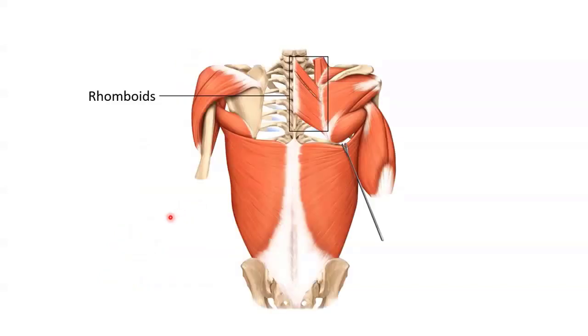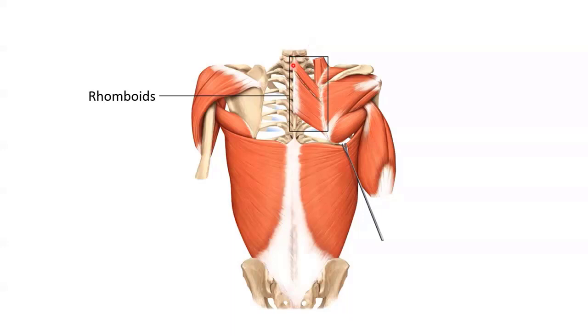Also on the posterior surface of the trunk, sitting underneath that trapezius muscle, we have the rhomboids. And rhomboids is a collective name for our rhomboid major, which is this larger muscle here, and our rhomboid minor. So for this unit, you can simply call them your rhomboids.